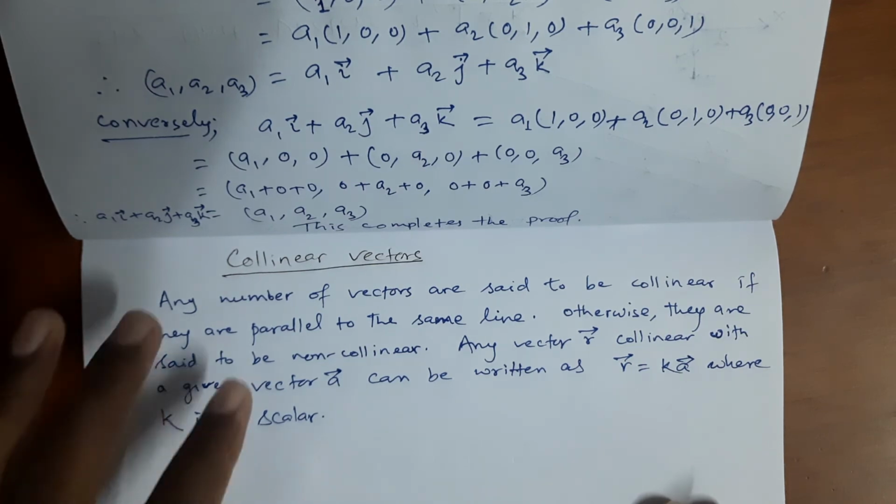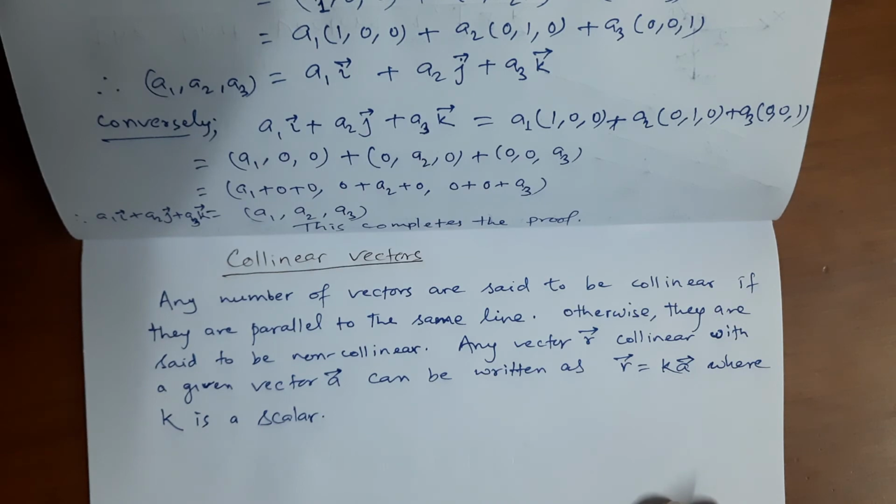But here collinear in vectors is synonymous with parallel. So if vectors are parallel, they are said to be collinear, because in vectors we can take any point as the origin, and if the vector is shifted parallel to another vector, then they lie on the same line. So parallel vectors are said to be collinear.